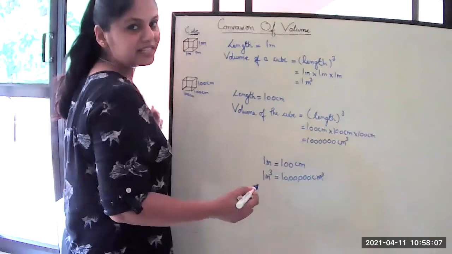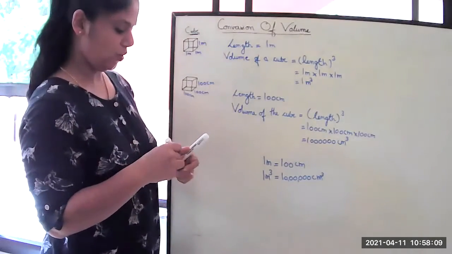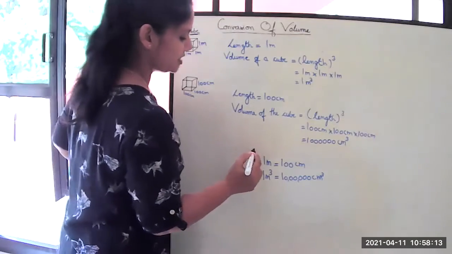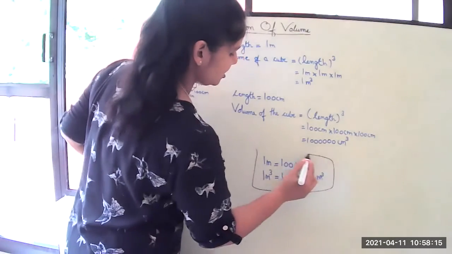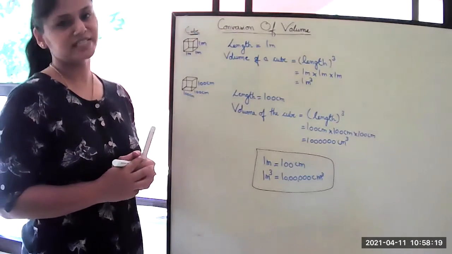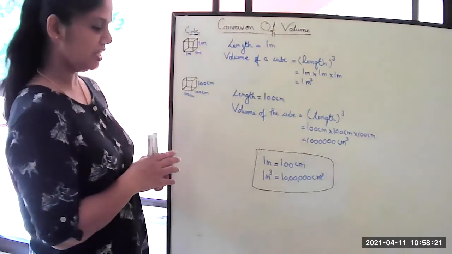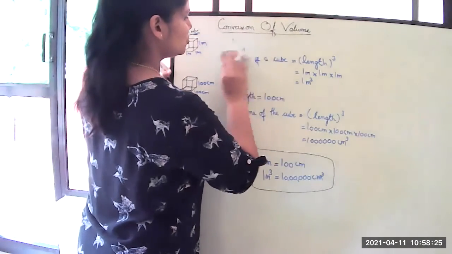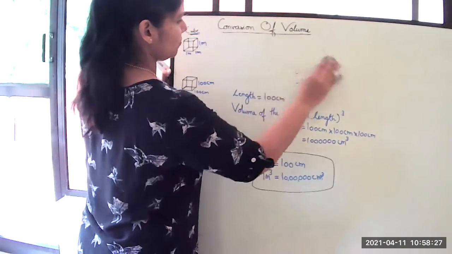So 1 meter is equal to 100 centimeter and 1 meter cube is equal to 10 lakh centimeter cube. Okay, now let us solve some problems.